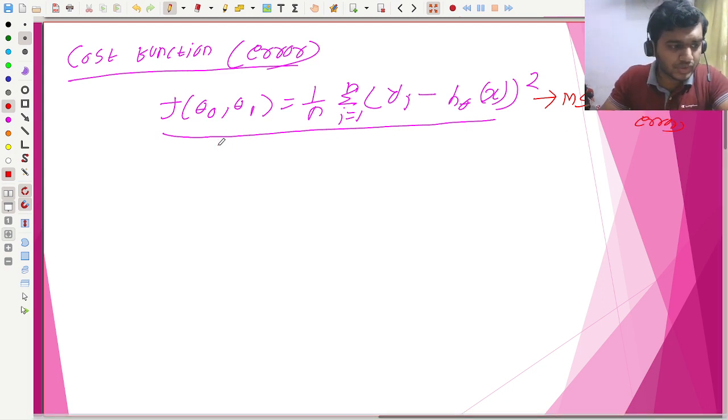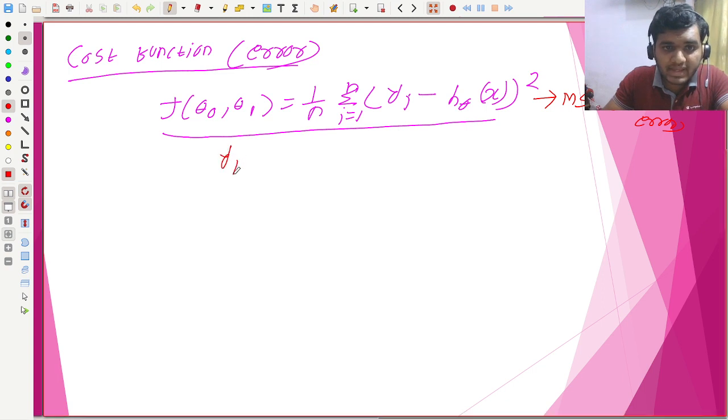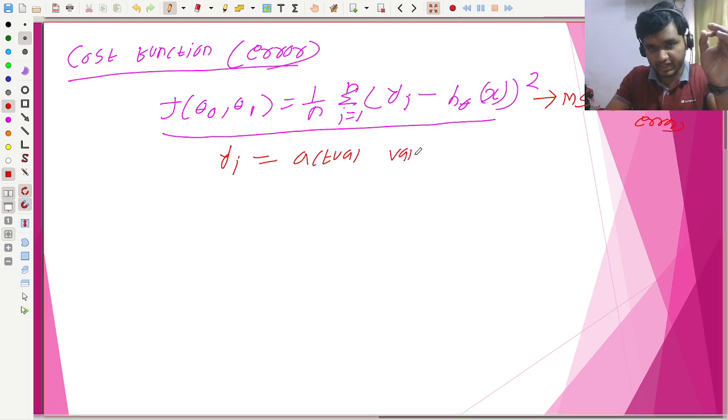Here yi is the actual value, and h theta of x is the predicted value, and n is the number of data points. We'll discuss with an example later.